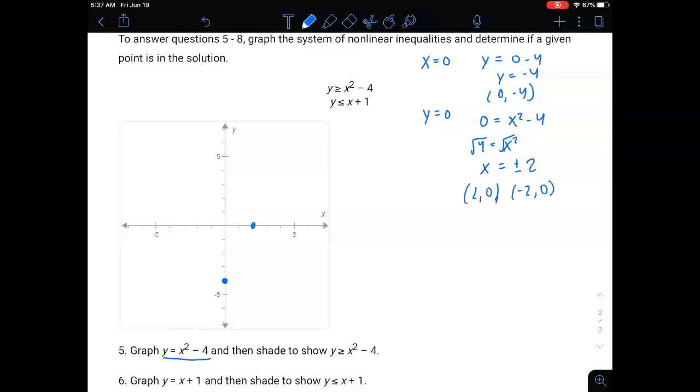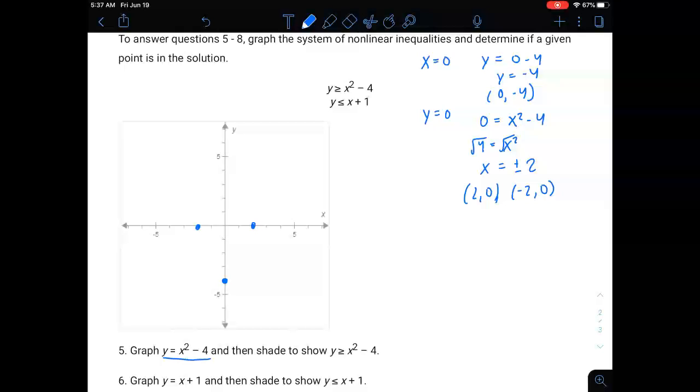So we've got (2, 0), (-2, 0). And wouldn't you have it, if you look at it, that makes this y-intercept here our vertex as well. So this is actually our vertex as well.